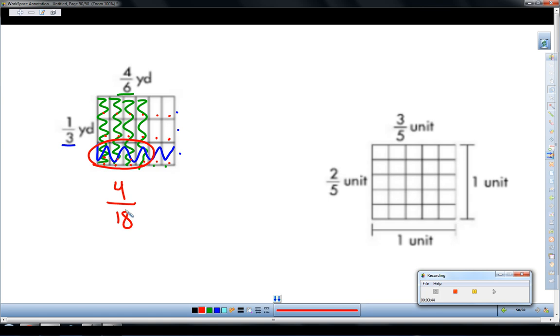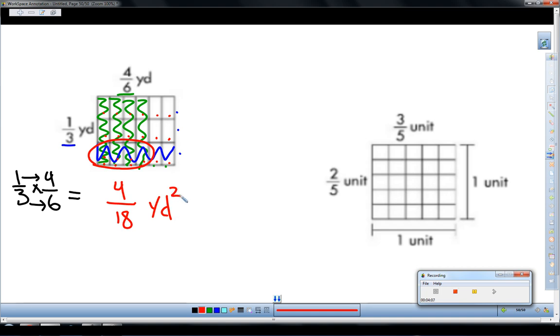To check that our multiplication is correct, we multiply 4 times 1, which is 4, and 3 times 6, which is 18. We label, again we're measuring in yards, squared.